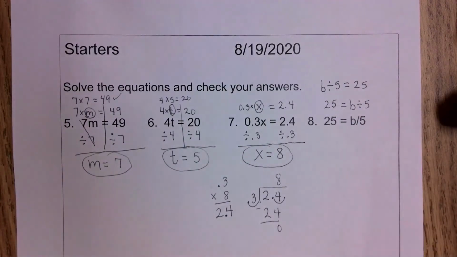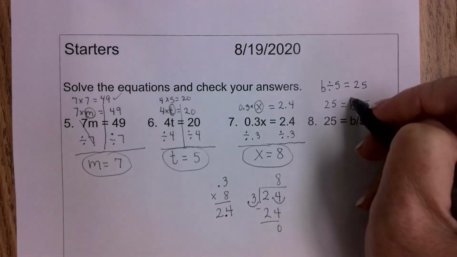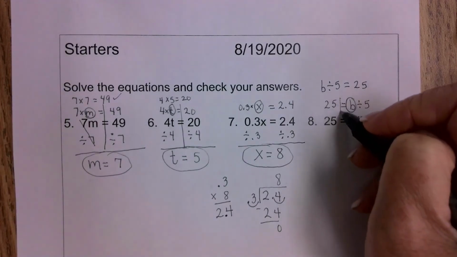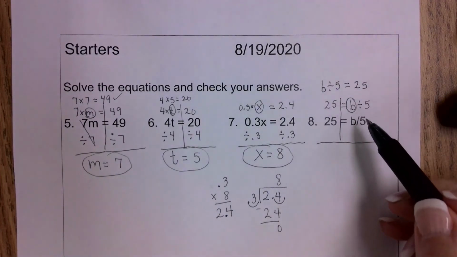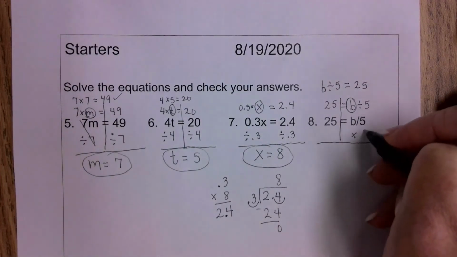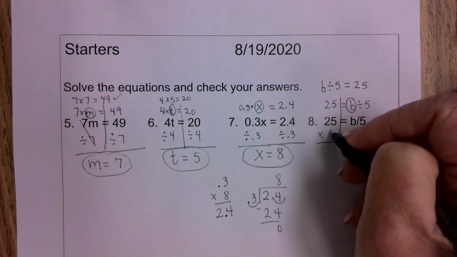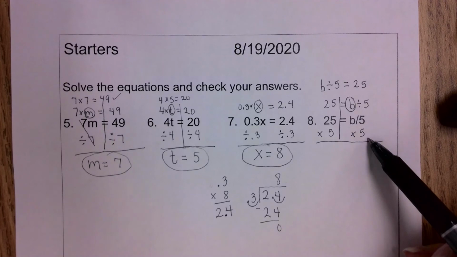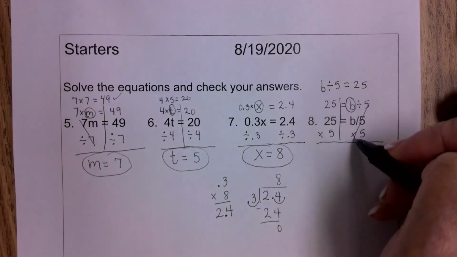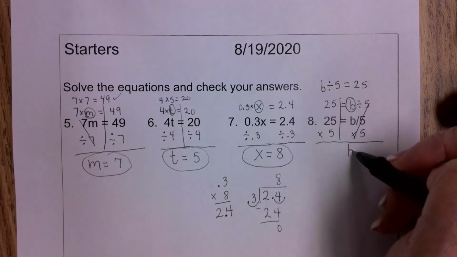All of those things say the same thing. We're going to circle the b. The opposite of dividing by 5 is multiplying by 5. If you divide something by 5 and then you multiply something by 5, those two things cancel each other out, and it just leaves you with 1b.